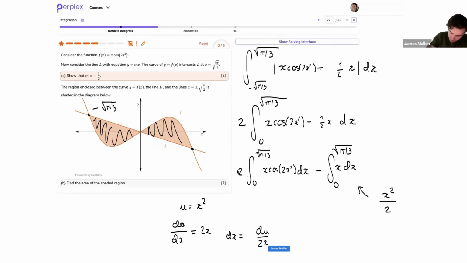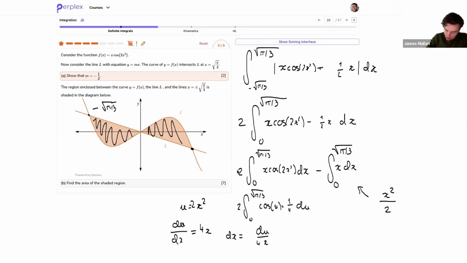Sorry, I wanted this to be 2u, so that would have been better. So u is 2x squared, which means du by dx is 4x, which means dx is du over 4x. So now I have cos u times 1 over 4 du, because I have a 1 over 4 here.